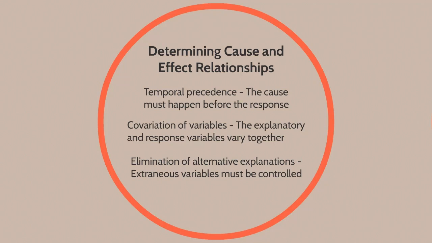We actually do things in experiments to control extraneous variables. By its very nature, in an observational study, we are not controlling extraneous variables. And that's why we cannot ascertain for sure that there's a cause and effect relationship of the explanatory and response.